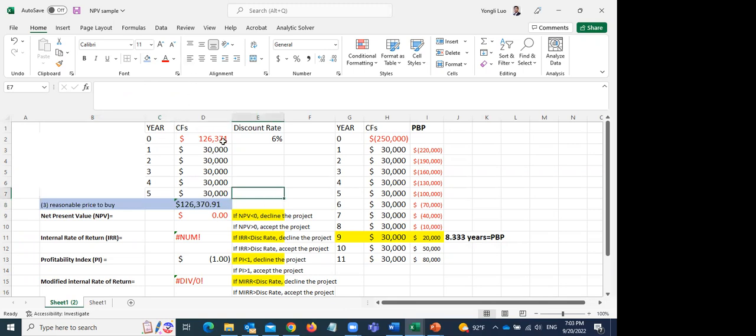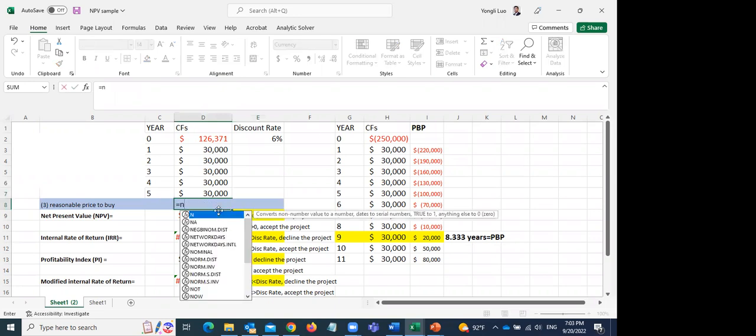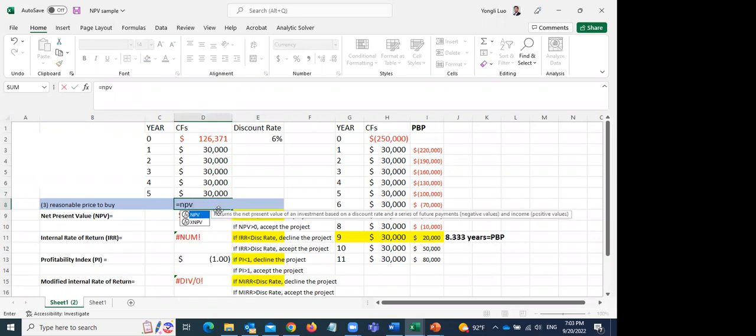Okay, so you have the solver, right? You can do solver, or if you don't know how to do solver, you're just using the net present value function, and then you choose the rate, 6%. When you open parentheses, it will give you a hint, and you see the rate, right?